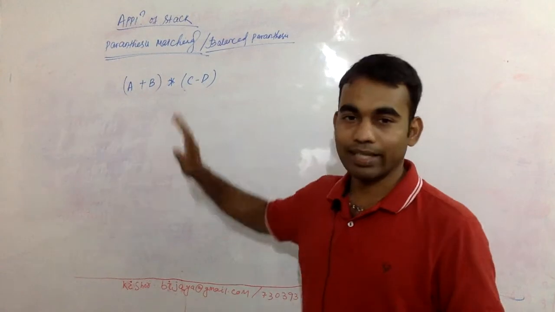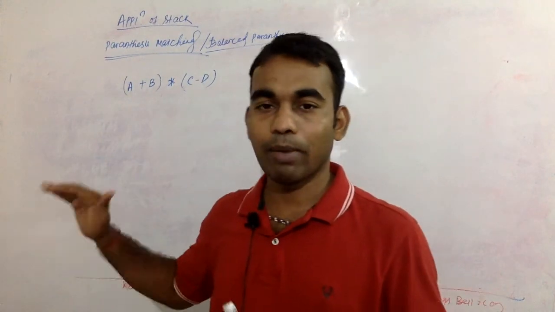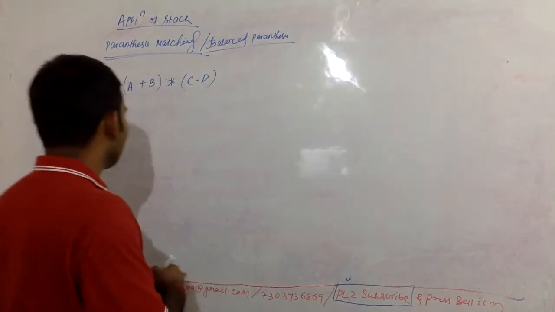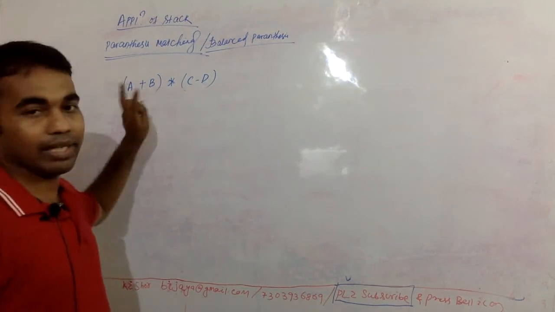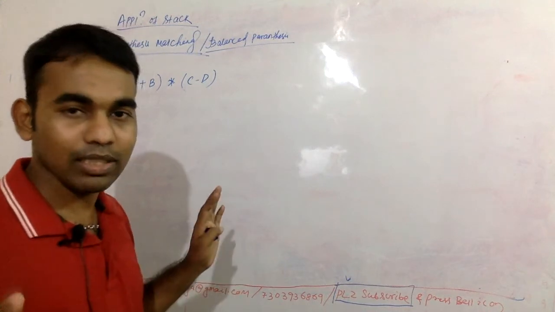So let's take an example and see whether this example is a balanced one or not. The definition says, for every starting parenthesis, there must be an ending parenthesis, or a closing parenthesis. That's the problem.